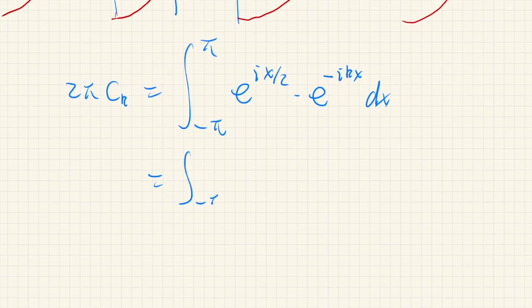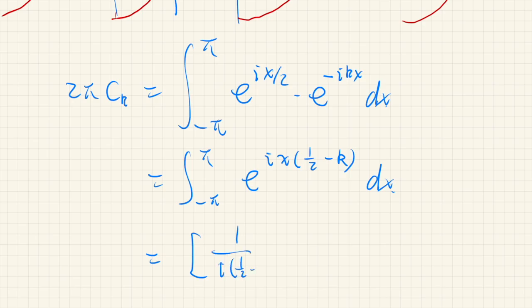So that is exponential of i x (1 over 2 minus k) dx. And that is, what is it? 1 over i, 1 over 2 minus k, and exponential of i x (1 over 2 minus k), evaluated from negative pi to pi.